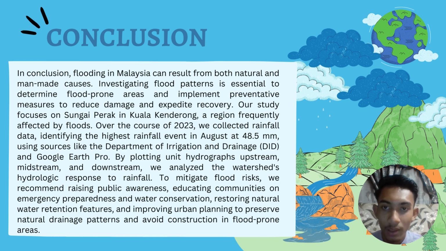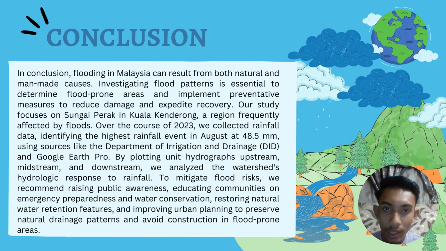Our study focused on Sungai Perak and Kuala Kenderong, a region frequently affected by flood. Over the course of 2023, we collected rainfall data, identifying the highest rainfall event in August at 48.5 mm, using sources like the Department of Irrigation and Drainage and Google Earth Pro.